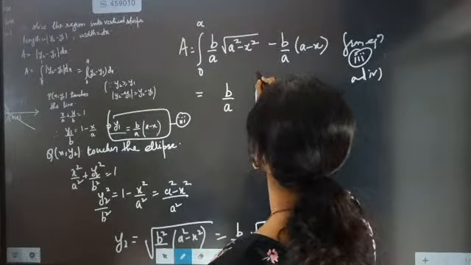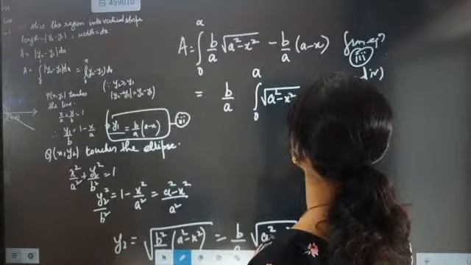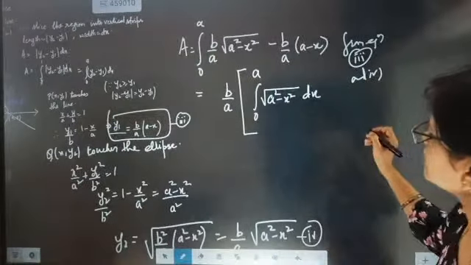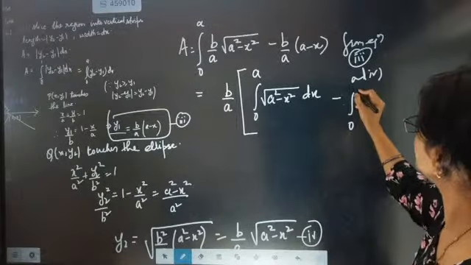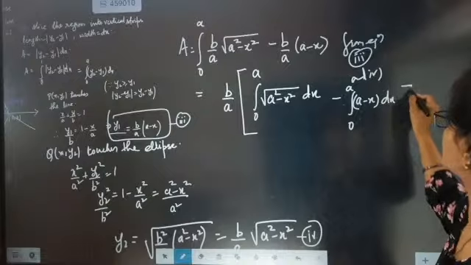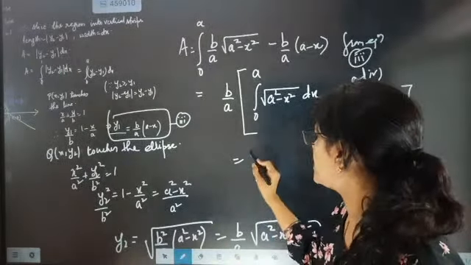So now it will become 0 to a root under a square minus x square dx, I am taking everything in bracket, and then minus 0 to a minus x dx.